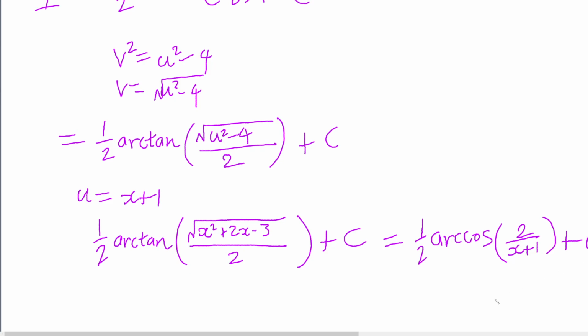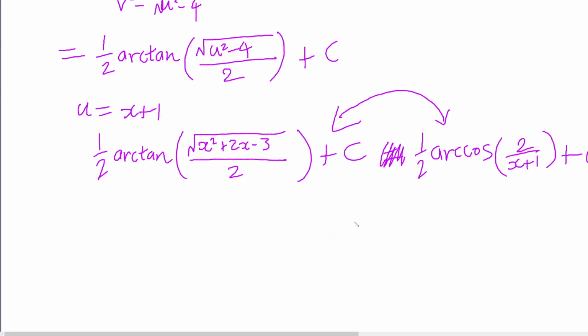And that's not to say that these expressions are equivalent, because the only thing you can actually say about these expressions is that if you take this to be one version of the integral, and this to be another version of the integral, their definite integrals will be the same because the area under the original function will be the same.